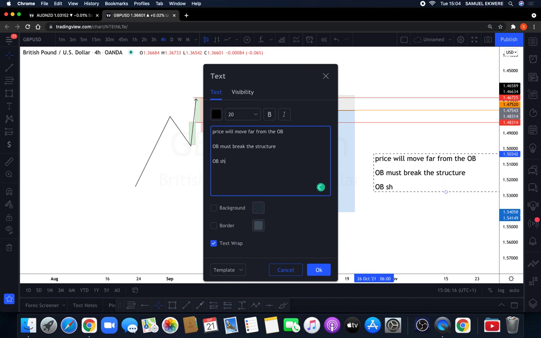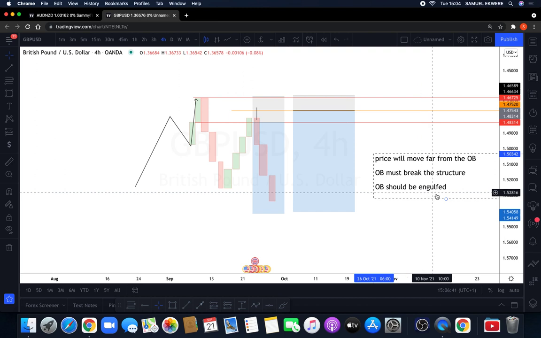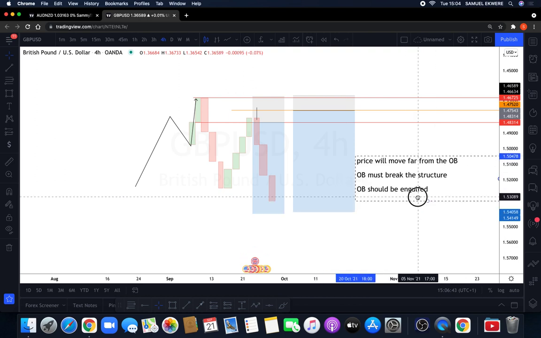OB should be engulfed. So I feel these three, if you're looking out for these three, should be okay.